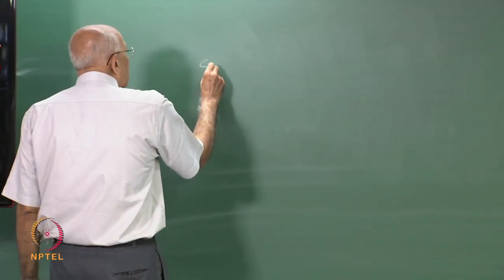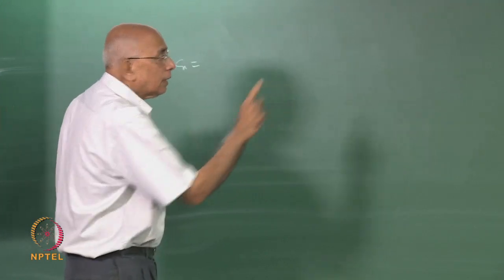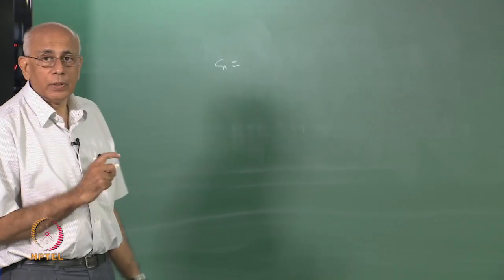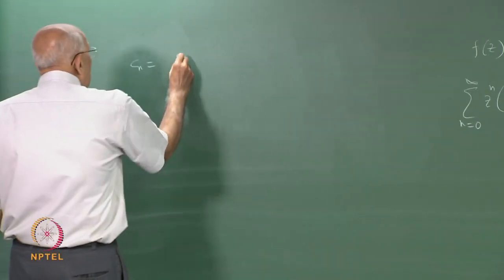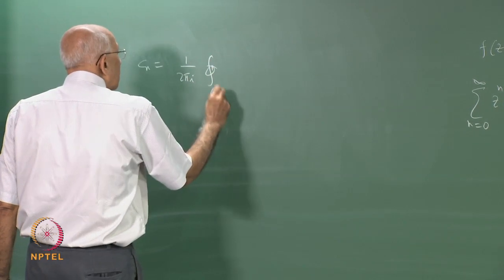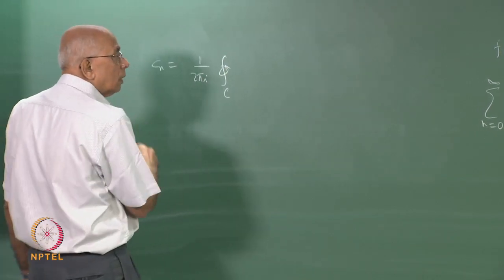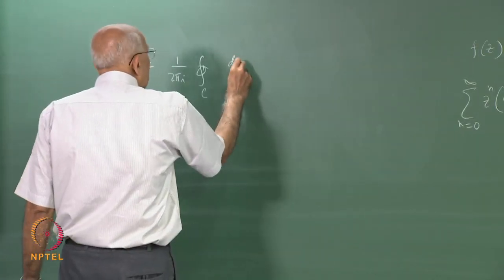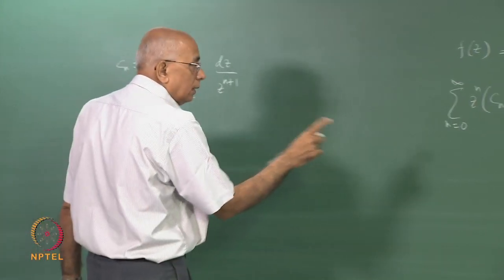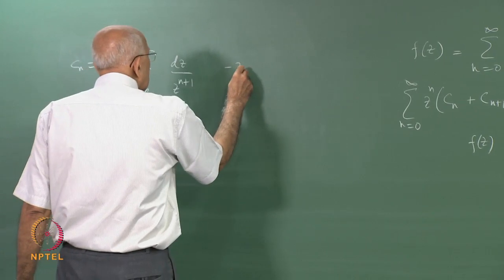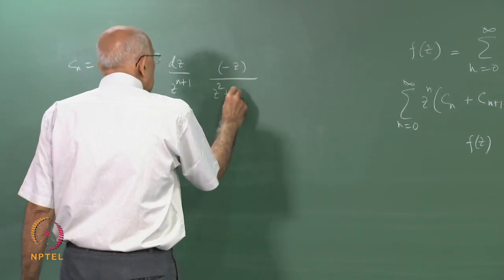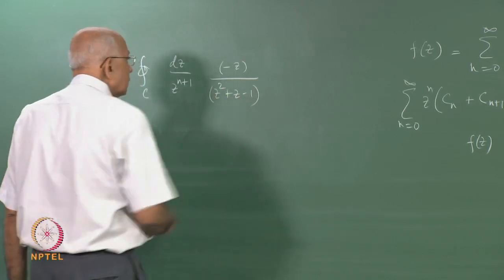So Cn, which is the nth derivative of f of z at the origin divided by n factorial, can also be written as 1 over 2 pi i, a contour integral over a small circle round the origin of dz over z to the n plus 1 times f of z, but f of z is now minus z over z squared plus z minus 1.